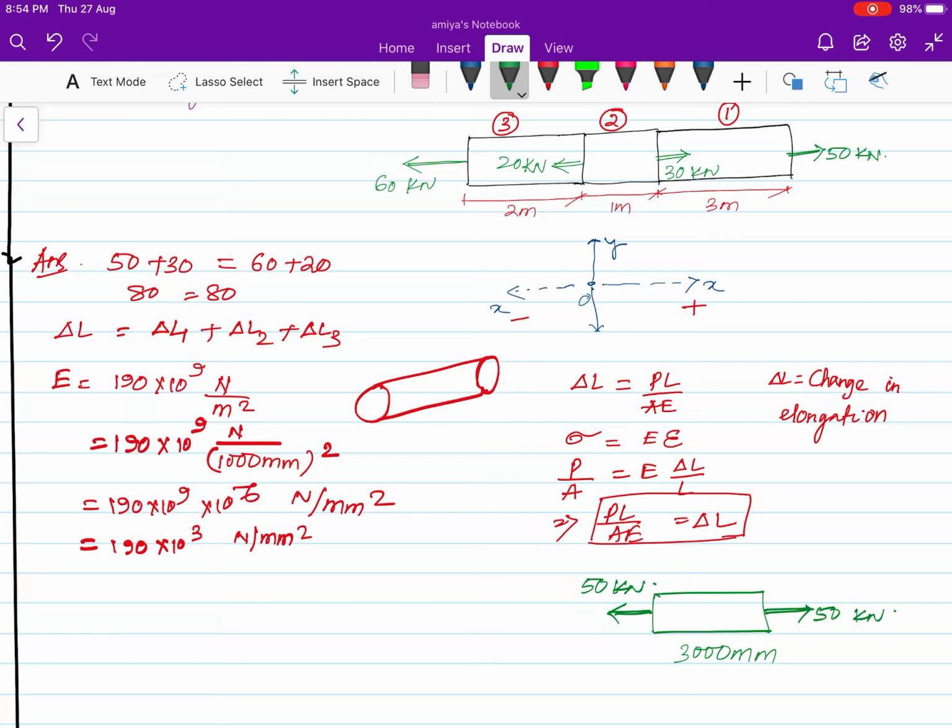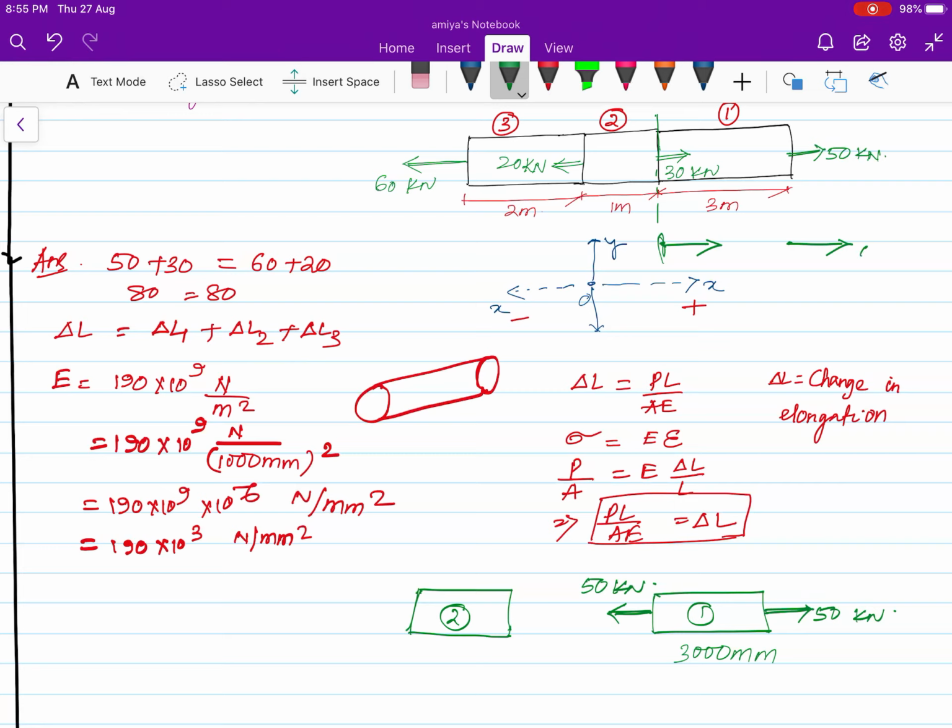Now come to this joint where our section 2 starts. This is my section 1. Come to this point at the joint of section 1 and section 2. This is my section 2. At this point, you can see that 30 is going here and 50 is going like this.